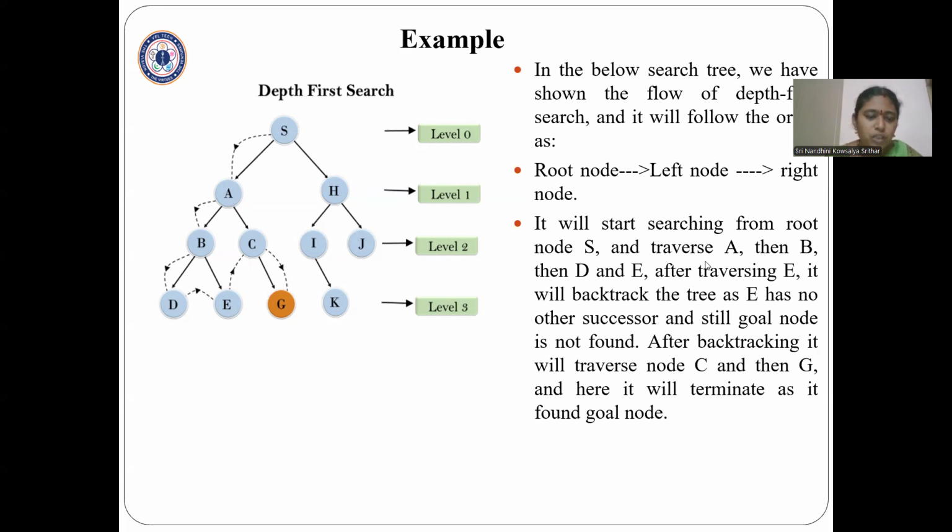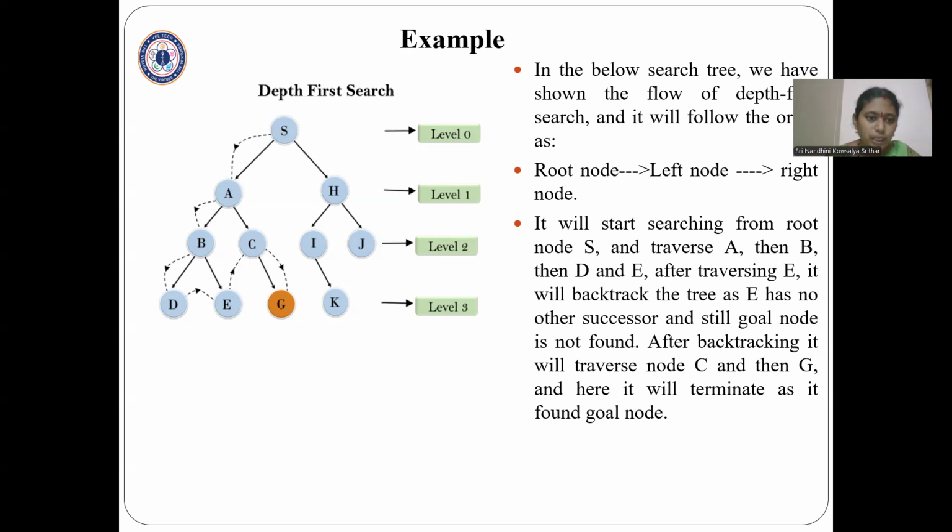In this example we have 4 levels. At level 0, we have S as the starting node. Then it searches for the goal node depth wise, from the left.